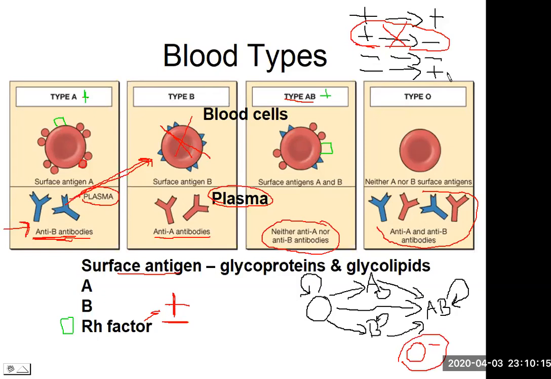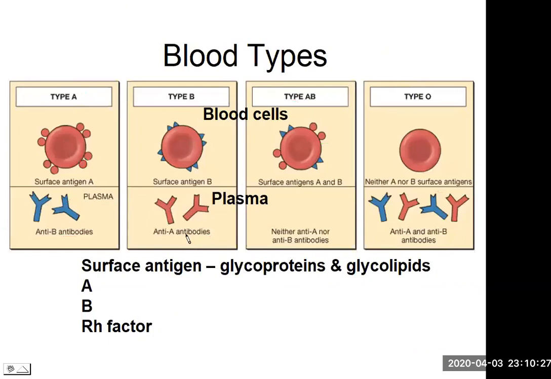So the last word truly comes from what makes it unsafe for a donation. And again, to get some of the writing off of the screen, it always comes down to the type of antibodies that the recipient, the person receiving the blood, has.